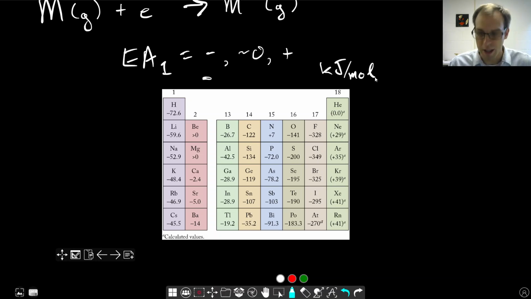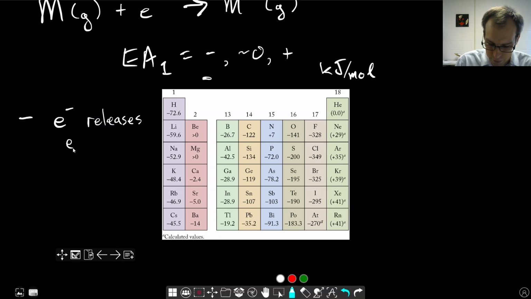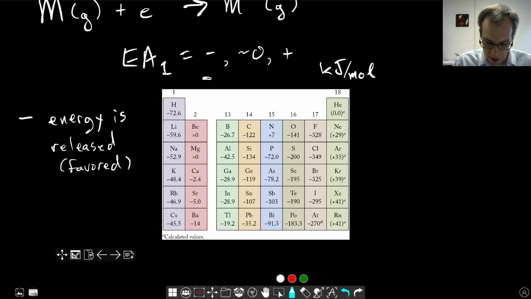So how much energy is either given off or how much energy does it take to force an electron onto an atom. So again, if it's negative, that means energy is released in the process, meaning that it's favored, meaning that the atom likes forming an anion.